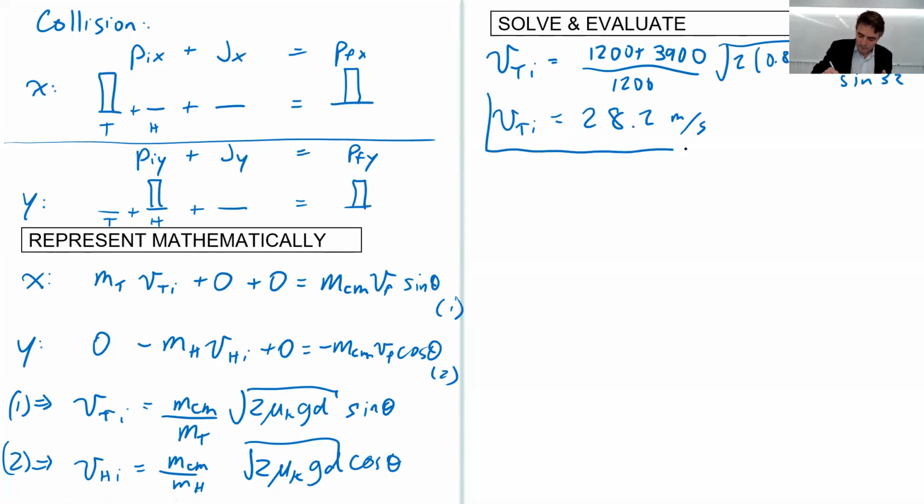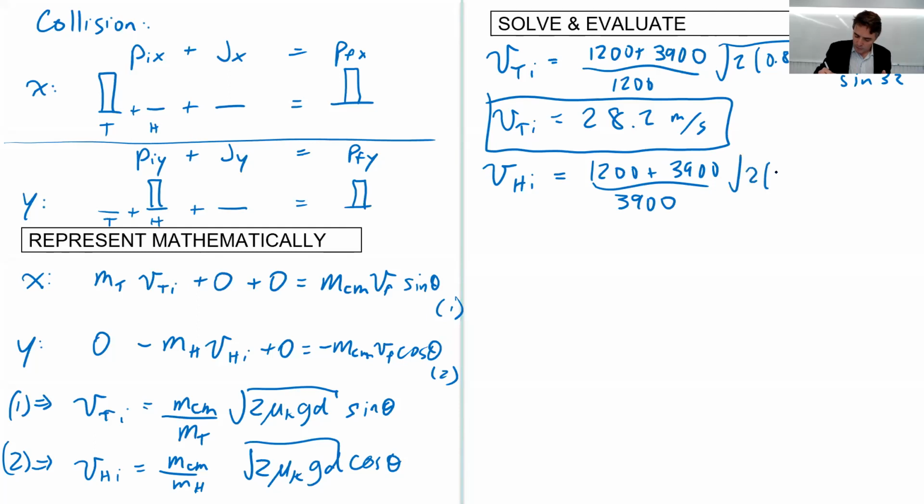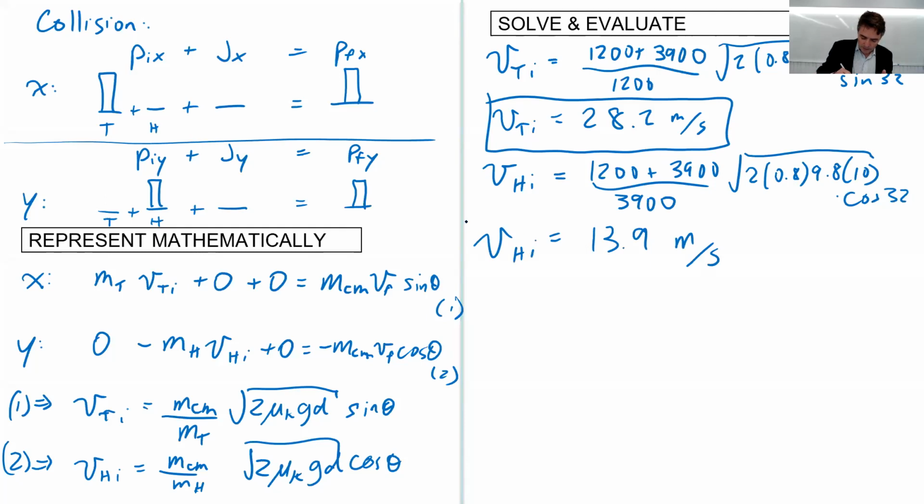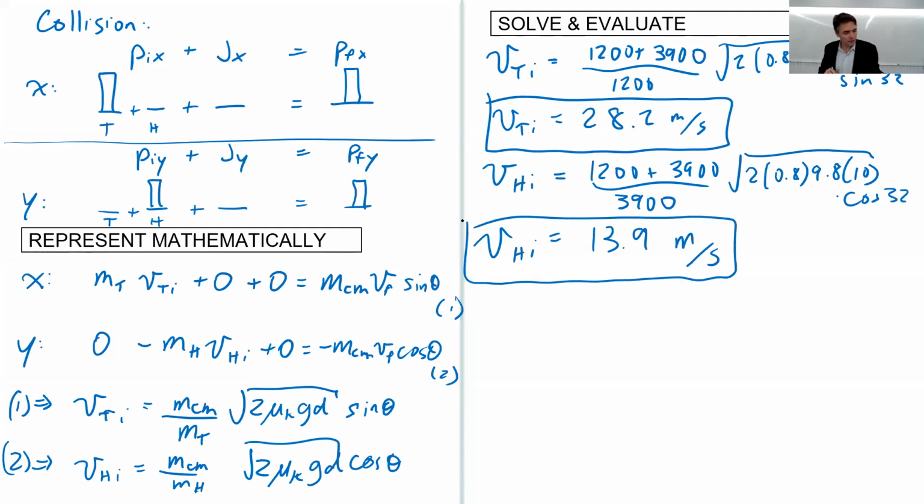And then similarly for the Hummer, it's equal to 1200 plus 3900 divided by 3900 times that same square root, 2 times 0.8 times 9.8 times 10 meters, times cosine of 32. I plugged that in and I got 13.9 meters per second. So again, from the police officer's point of view, the first thing that you know is that the Toyota was going much faster than the Hummer.